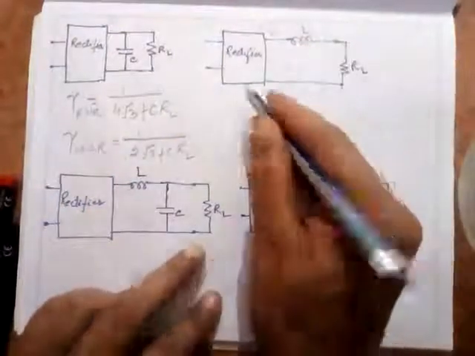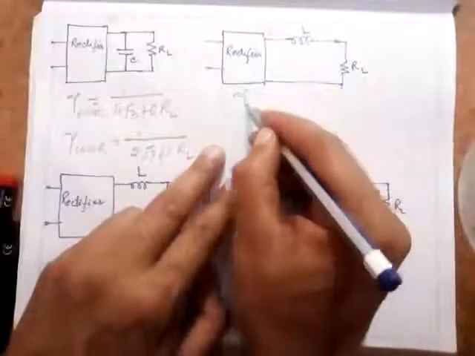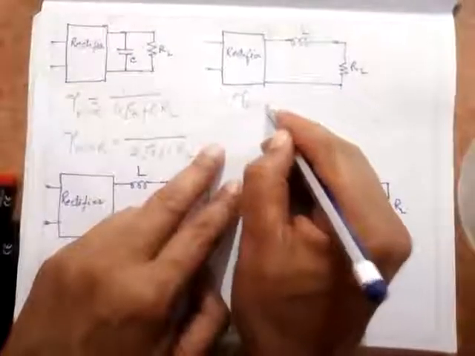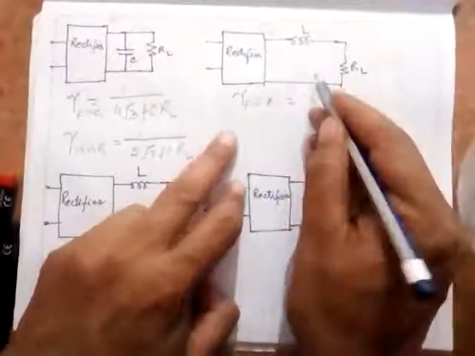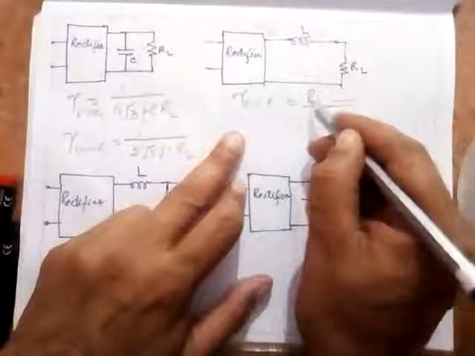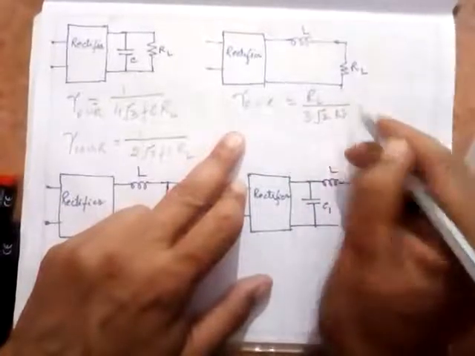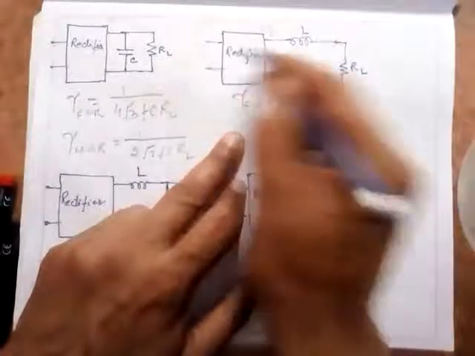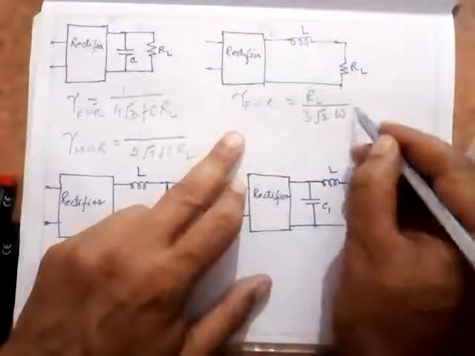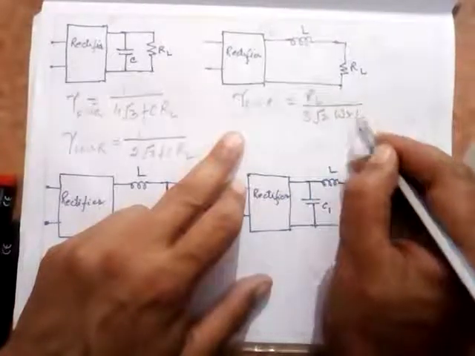And the ripple factor for this, I'll start with the full wave rectifier, is given by RL upon 3 root 2 into omega L. Omega is the angular frequency of the signal here, 2 pi f, and L is the value of this inductor.